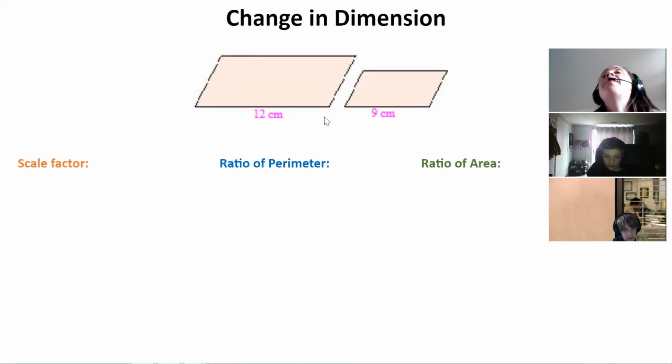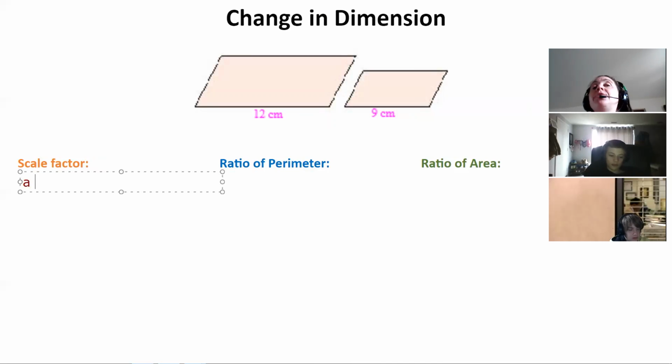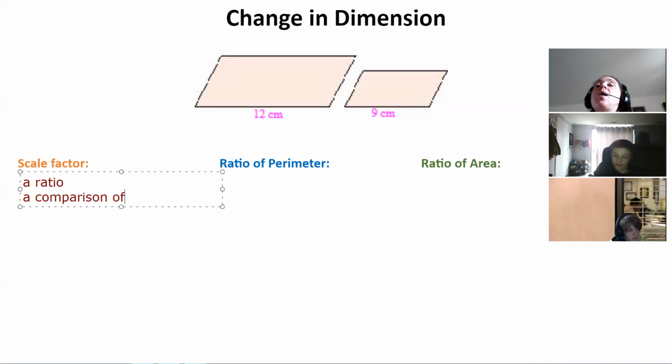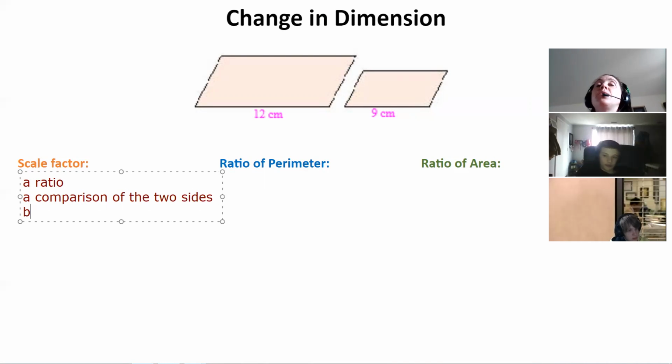So you're going to have two shapes, and they're going to ask, what is the scale factor? If we wanted to figure out how something is scaled down or scaled up, we're just going to compare the sides. So a scale factor is a ratio. It's a comparison of the two sides between two figures.